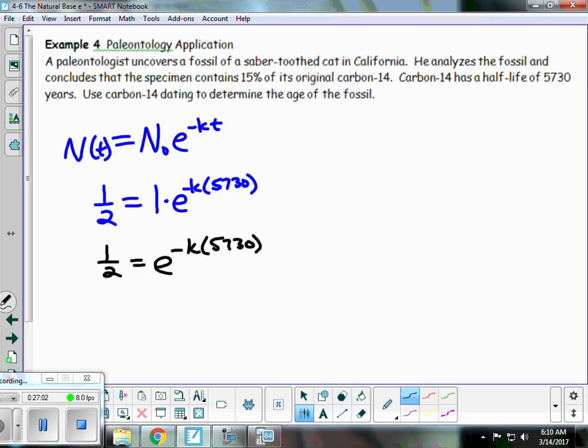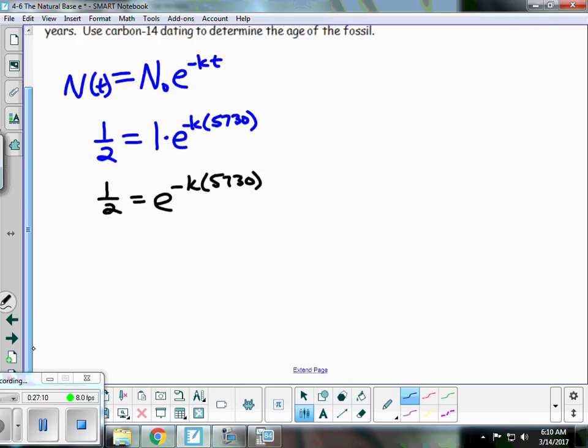Now we want to solve for that K. In order to get those exponents down, we have to take a logarithm of both sides. This is actually kind of nice because the calculator has a natural logarithm on it, so we can do the natural logarithm of both sides. So natural logarithm of 1/2 equals the natural logarithm of E to the negative K times 5730.